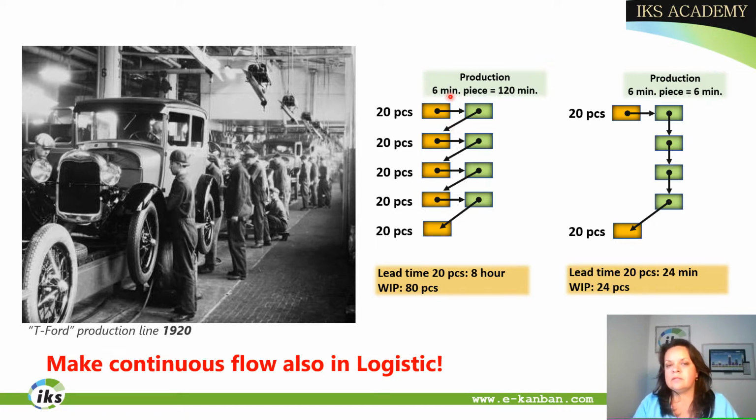They take 6 minutes a piece, so those 20 pieces take 8 hours. Also, we have work in process of 80 parts. We have another 4 different workstations working on the parts, and they bring another 80 parts of open material onto the shop floor. So this is running in the production.